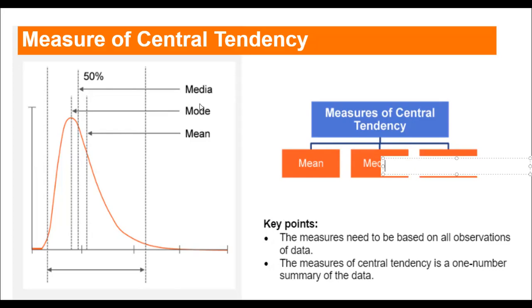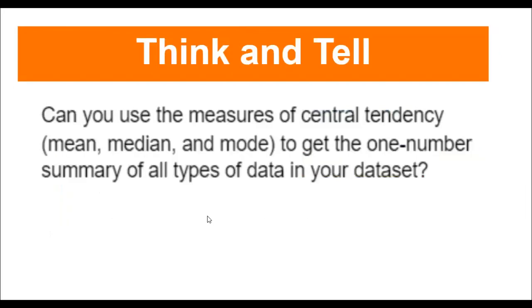Now I told you why we are using the measures of central tendency, but one question: just think and tell me, can you use the measures of central tendency like mean, median, and mode to get a one number summary of all types of data in your data set? Just think for once. Let me tell you here, but give a thought on it.